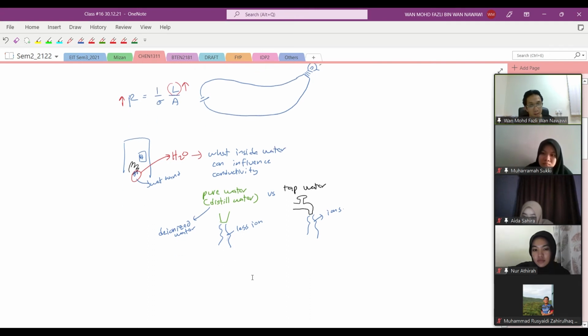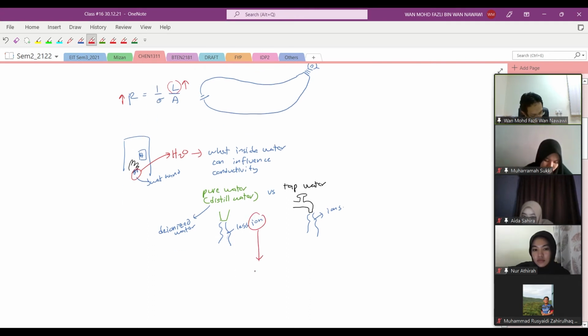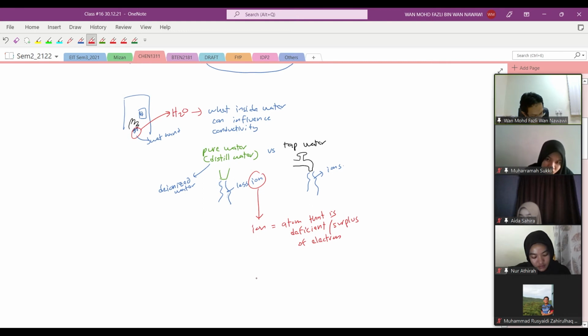what is an ion? The term ion is basically an atom that has a deficiency or a surplus of electrons. Meaning that if, let's say, you have carbon, and then you have what we call electrons here, 1 2, 1 2 3 4.